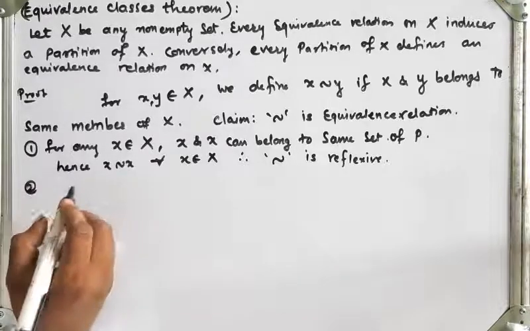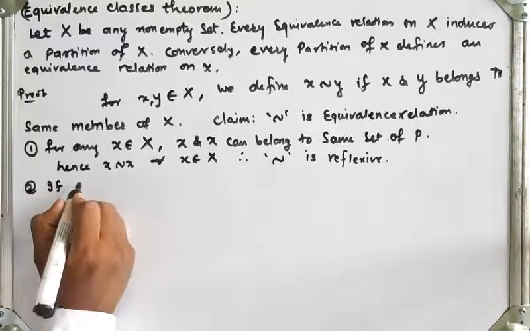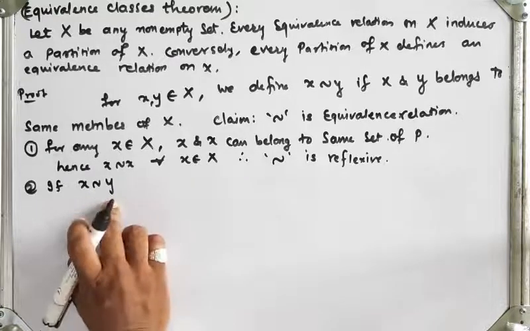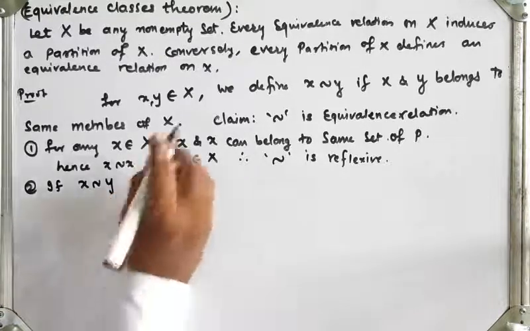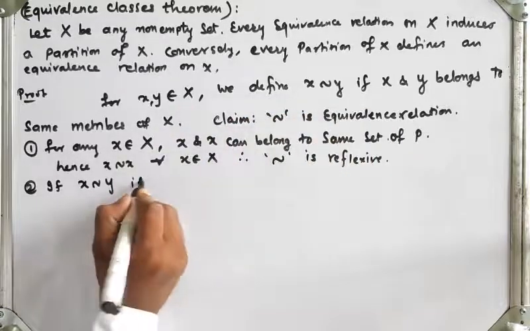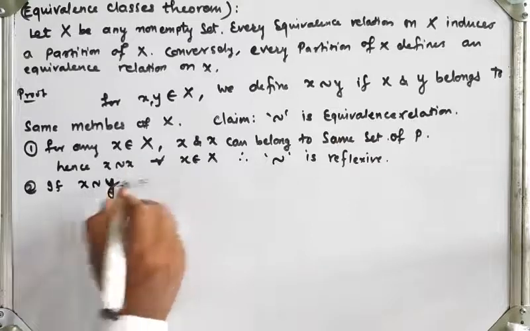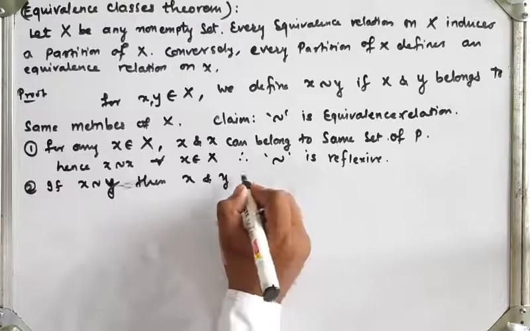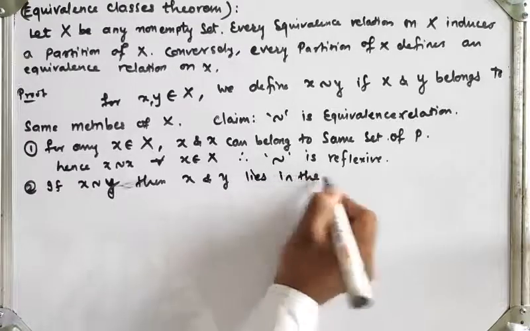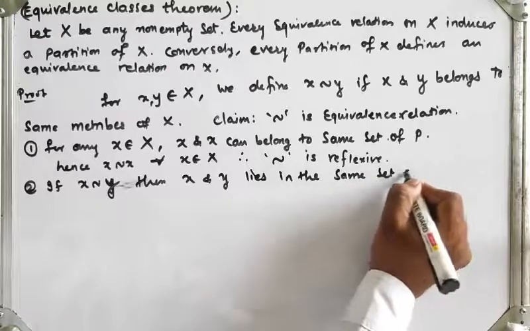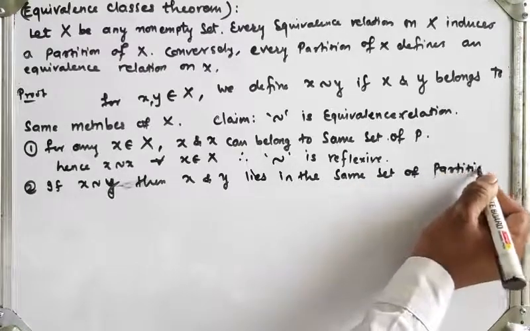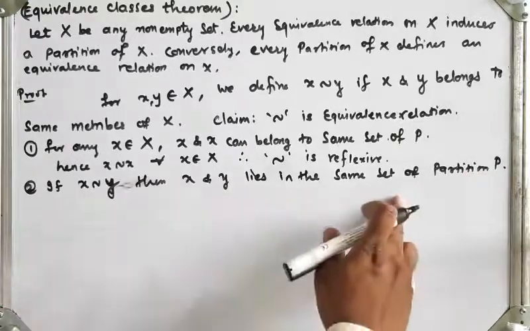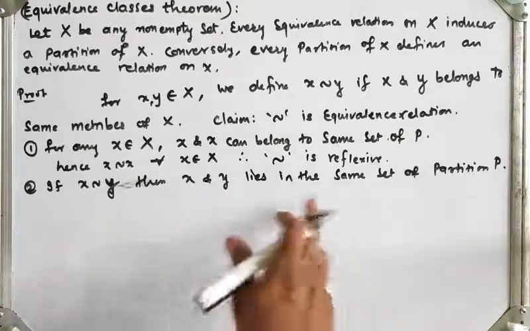So for the symmetric condition, we are given x tilde y, and we have to show y tilde x. x tilde y means x and y lie in the same set of partition P. Hence y and x also lie in the same set of partition, right?